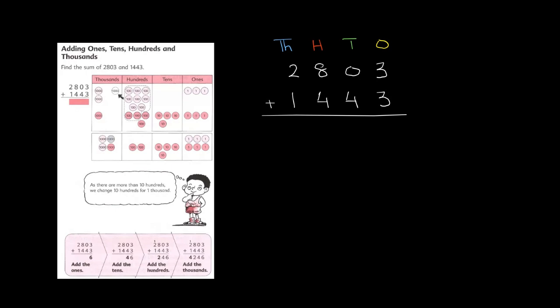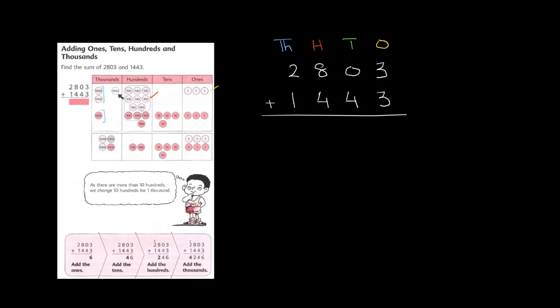So these are the 800s, 1 2 3 4 5 6 7 8. These are the 2000s, 800s. There are no tens, and you have 3 ones.